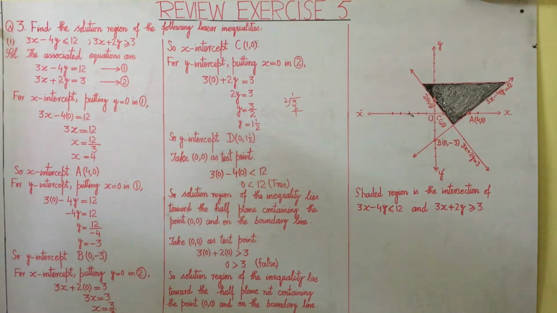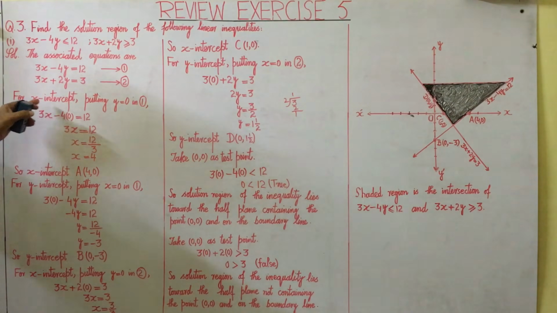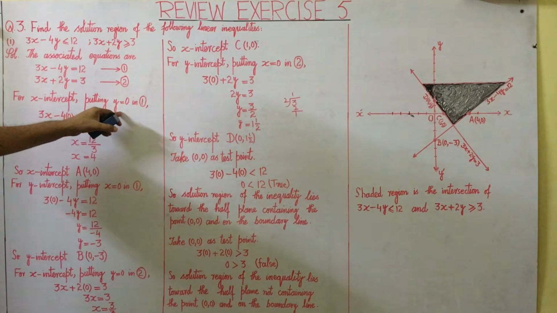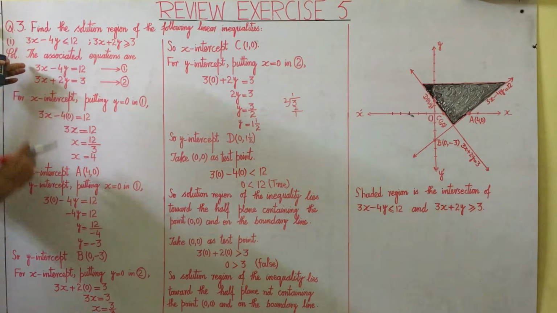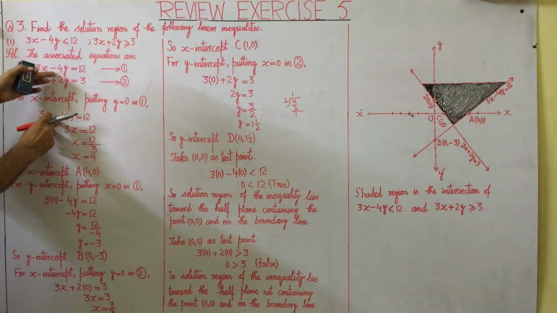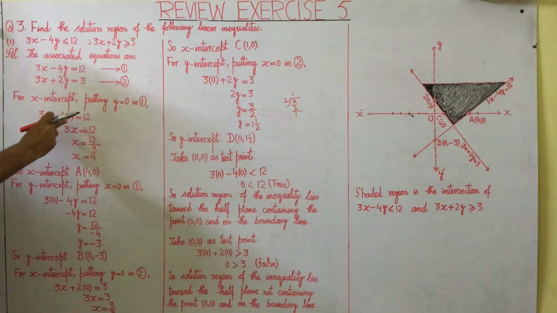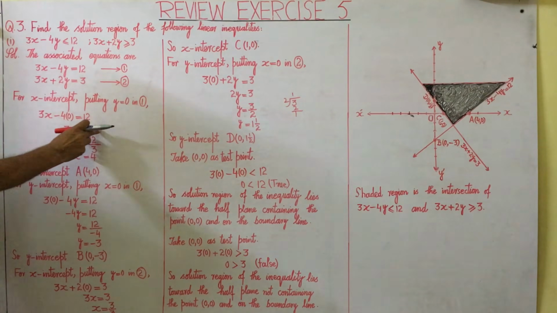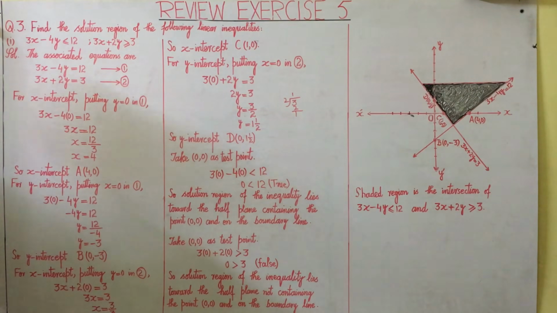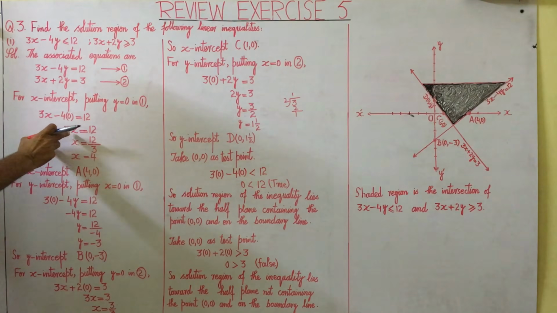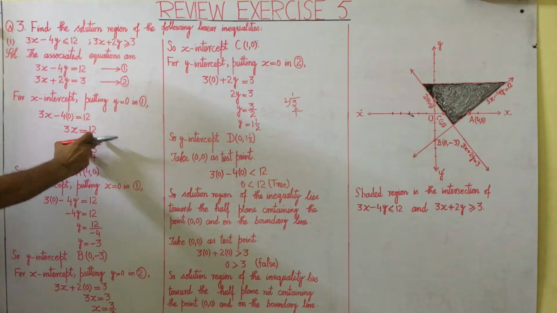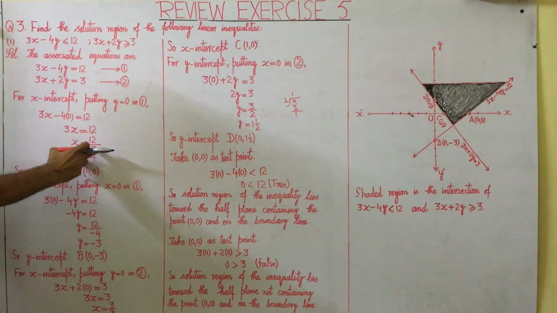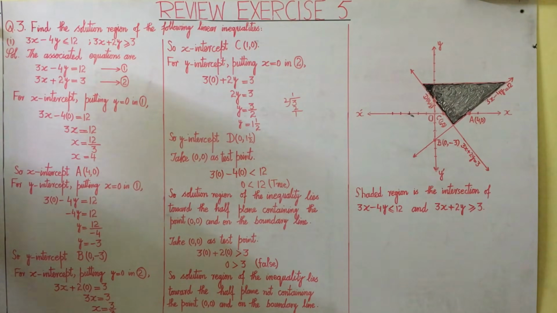First of all, we find the intercepts. For x-intercept, putting y equal to 0 in 1: 3x - 4 into 0 is equal to 12. 4 zeros are 0, so 3x - 0 is 3x equal to 12. Dividing both sides by 3, 3x over 3, 3 cancelled with 3, remainder is x.